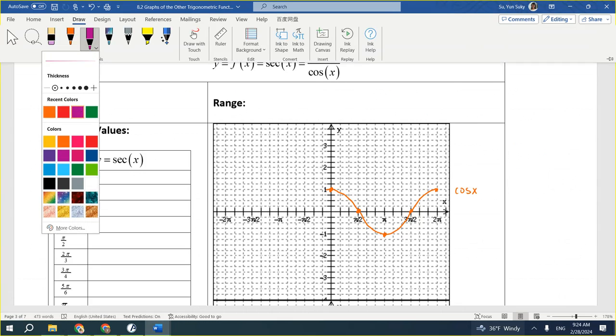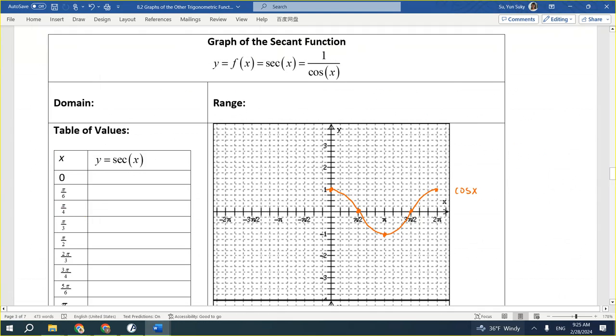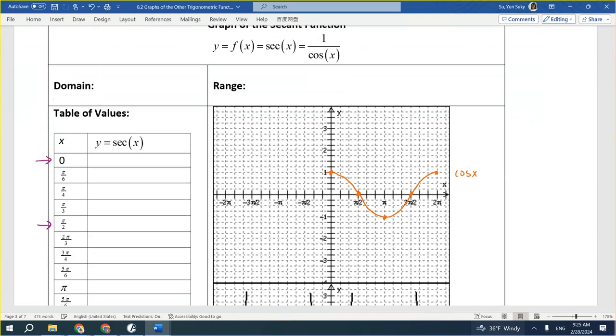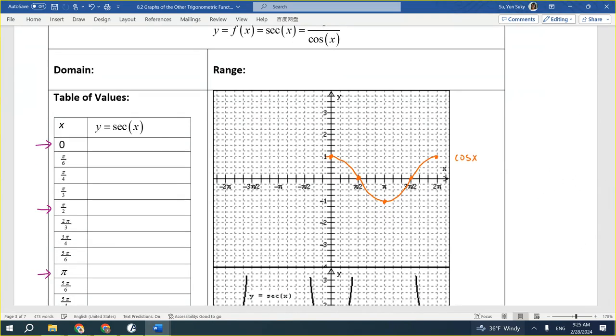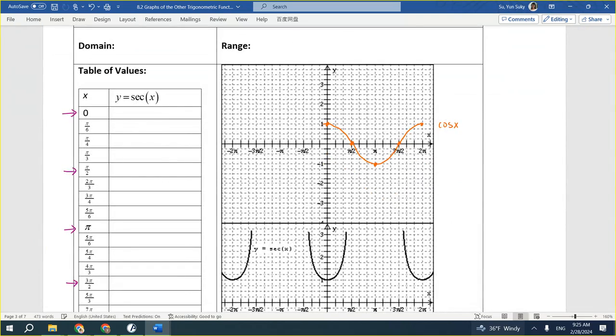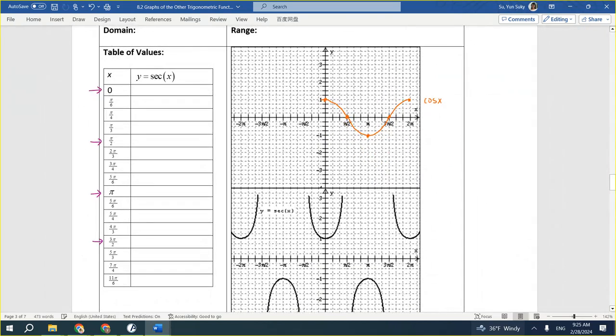Okay. Now let's use a different color. Now secant. Secant is 1 over cosine. Look at this point. Y value is 1. Is 1/1. Yes. So we focus on the key points like 0, pi/2, pi, 3 pi/2, and 2 pi. Okay, we focus on those 5 key points.